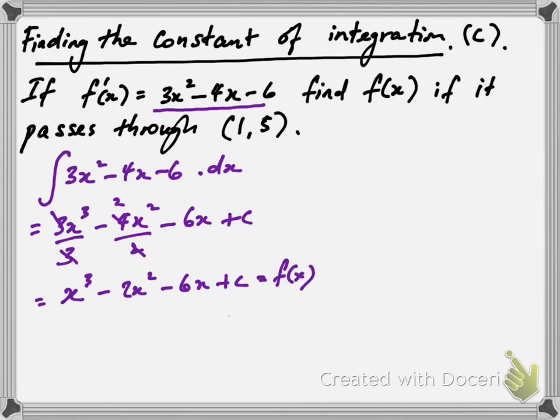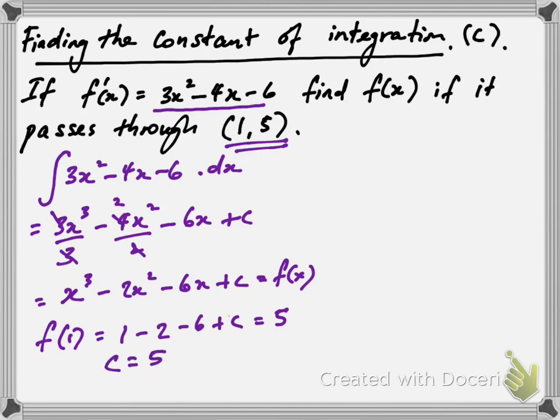According to the information provided, f of 1 should be equal to 5. So f of 1 is 1 cubed, which is 1, minus 2 times 1 squared, which is 2, minus 6 plus c, which will be equal to 5. So 1 minus 2 is minus 1, minus 6 is minus 7, plus c is 5, so c is equal to 5 plus 7, therefore c is equal to 12.